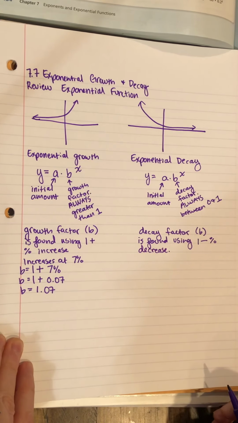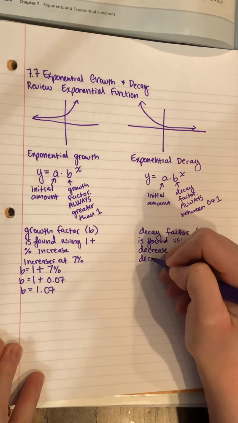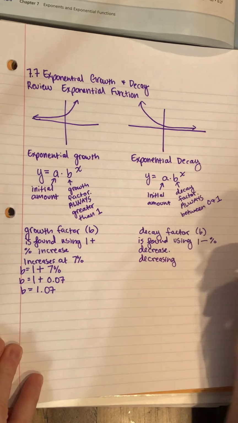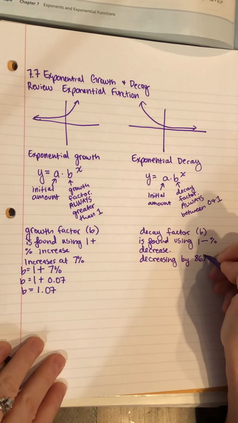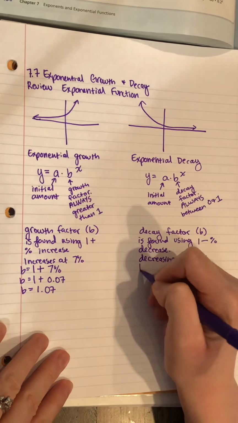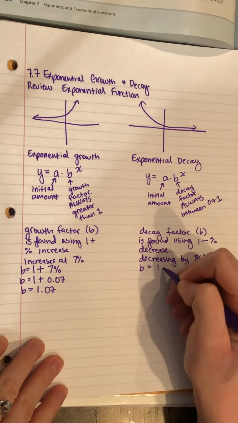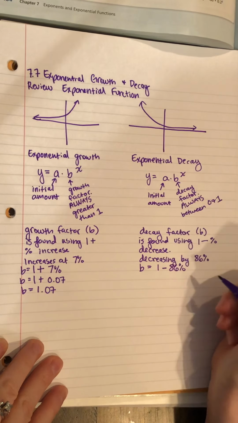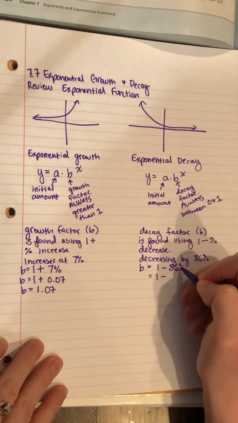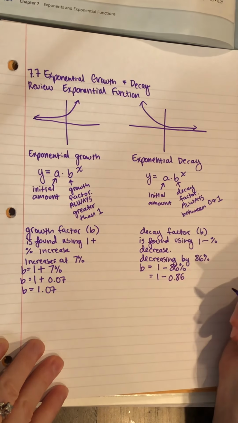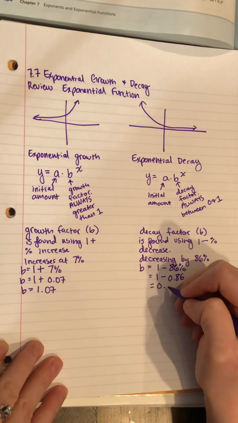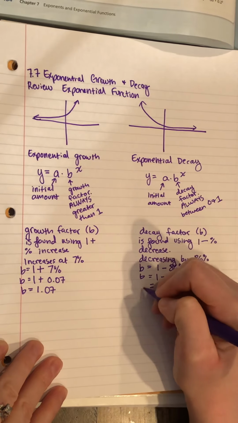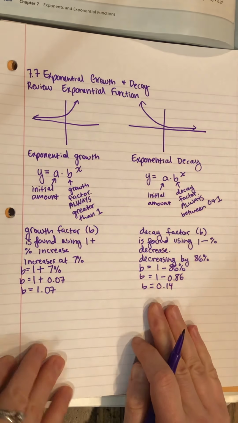Okay, so if we knew something was decreasing by 86%, then we could find b by doing 1 minus 86%, or 1 minus 0.86, which is 0.14. Okay, so that is how that works.